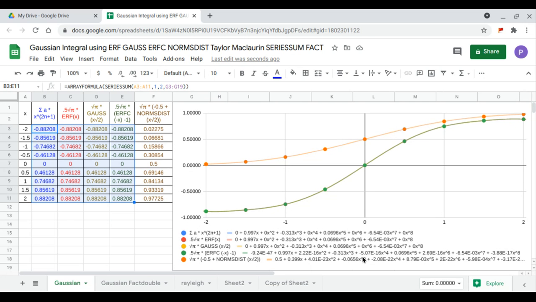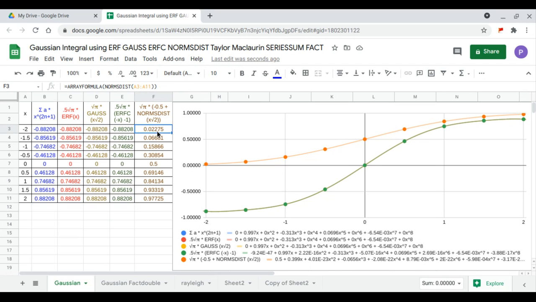That's already 0. Negative 5.07 times 10 to the minus 16. That's already 0. And 2.9669 times 10 to the minus 16. That's already 0. And 3.88 times 10 to the minus 17. That's already 0. All these non-zero coefficients are the same.